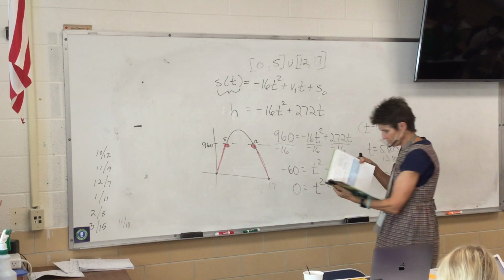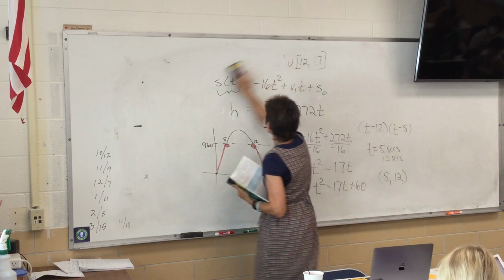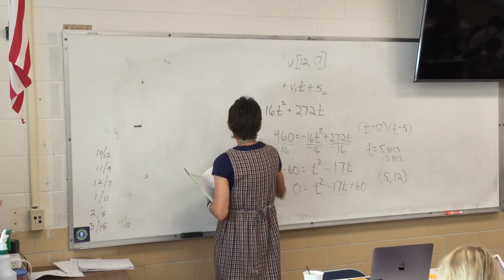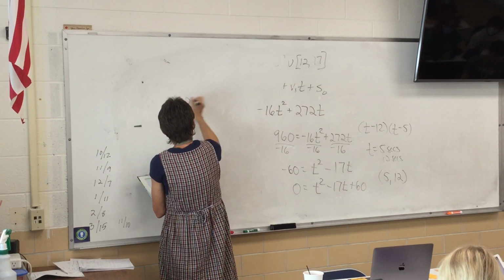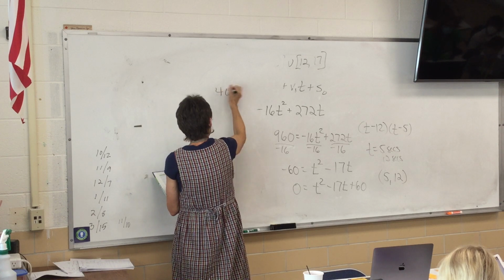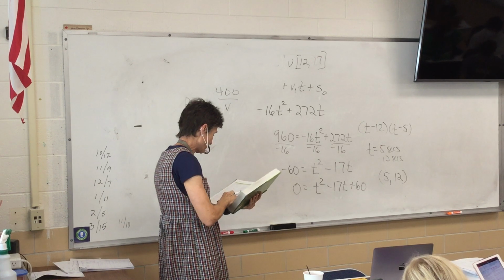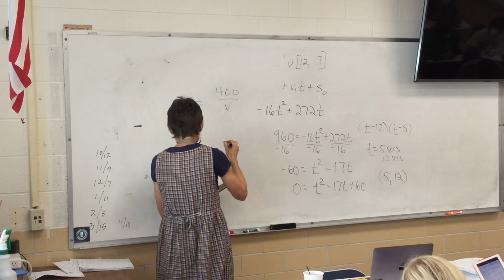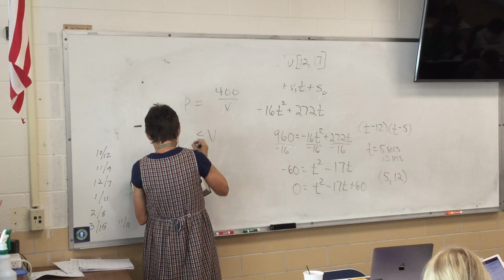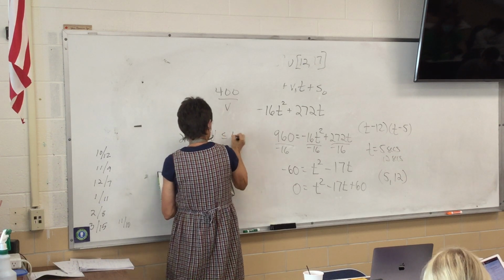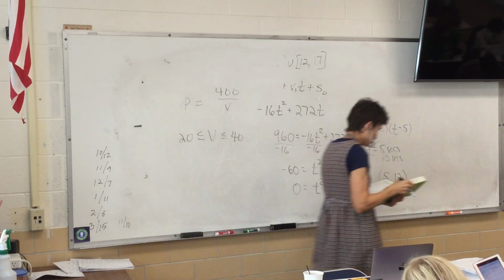It says, for a certain gas, P equals 400 over V. So this is some formula from a chemistry class or something, where P is pressure and V is volume. If volume ranges between 20 and 40, can you find the values for P?